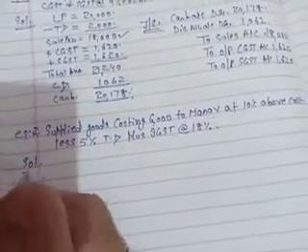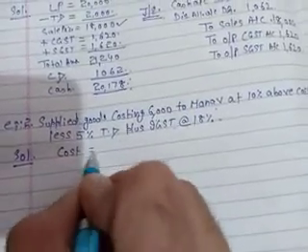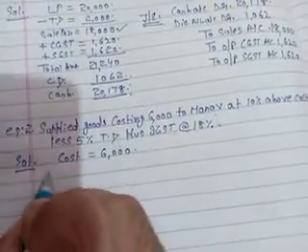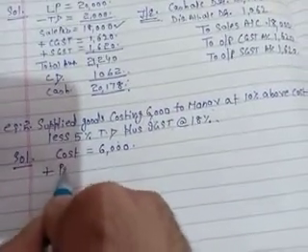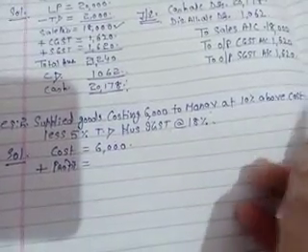Solution. Now, cost of the goods is equal to 6,000, plus profit on cost is 10% above cost.